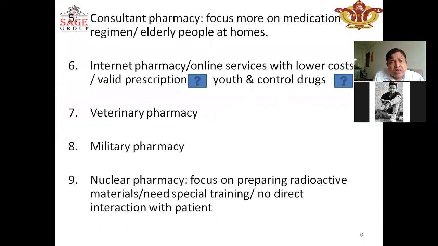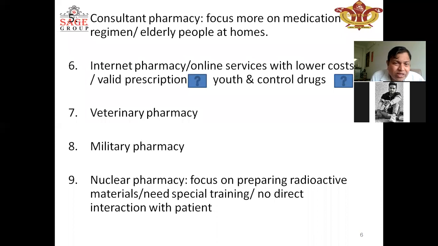Now, consultant pharmacy focuses more on medication regimen, for elderly people at home. Regimen means the prescription prescribed by the physician to the patient for continuous or long treatment. Internet pharmacy provides online services at lower cost, with a valid prescription, for youth and controlled drugs.